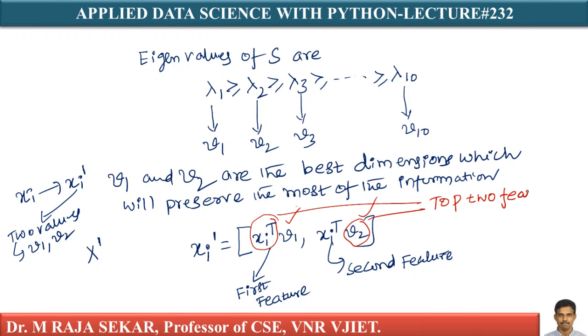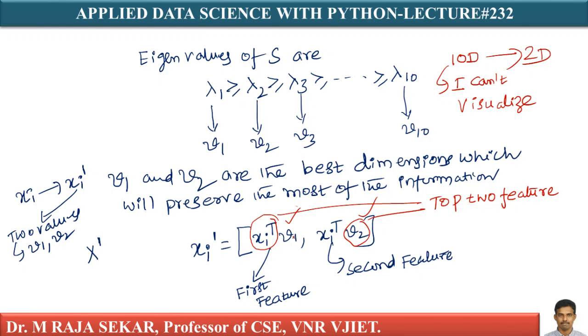I am converting a 10-dimensional space into a two-dimensional space. The original dimension is 10D, which I cannot visualize. As I can't visualize it, I am converting it into two-dimensional data: xi transpose into V1, comma, xi transpose into V2.